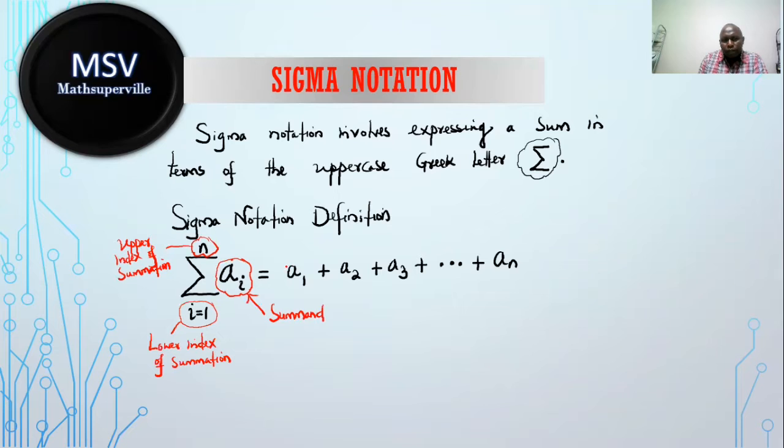And when we iterate or go through the summation, we end up with the expanded form of the summation. Of course, we already defined the sigma as a sum.